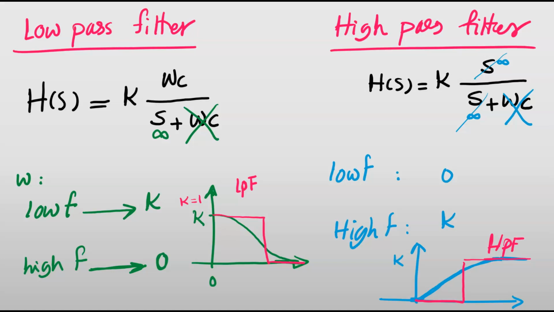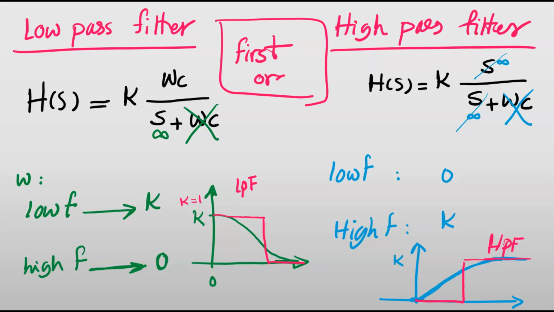Obviously it doesn't have the sharp transition, and that's normal because you're going to see that we will make this filter with very simple components, with only one resistor and inductor, or one resistor and capacitor. And basically when we don't have that sharp transition between the pass band and stop band, we call this a first order low pass or high pass filter.